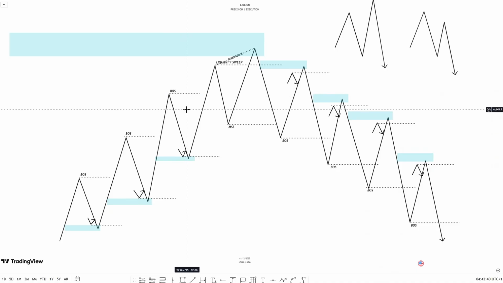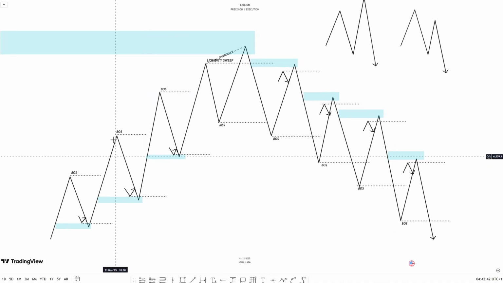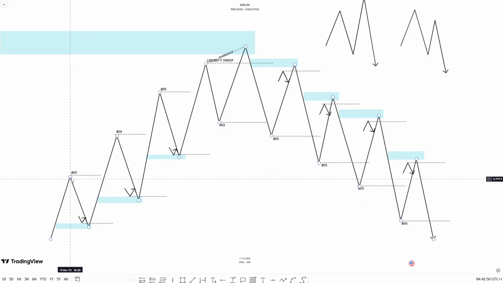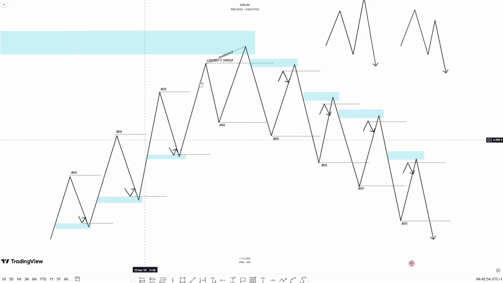No. In simple terms, in a bullish wave of price, a break of structure is simply when price breaks the previous higher high, right? So that is a break of structure. And the market structure shift is when price breaks the last, in a bearish market structure shift, when price breaks the last lower high or higher low. That's as simple as that.